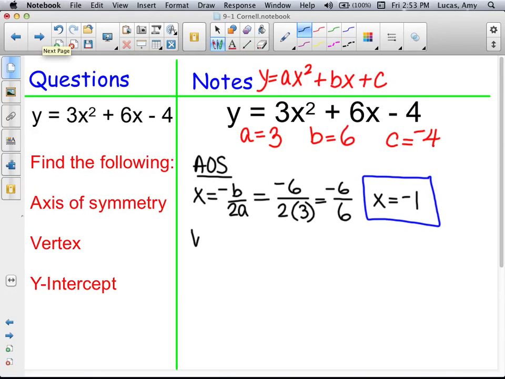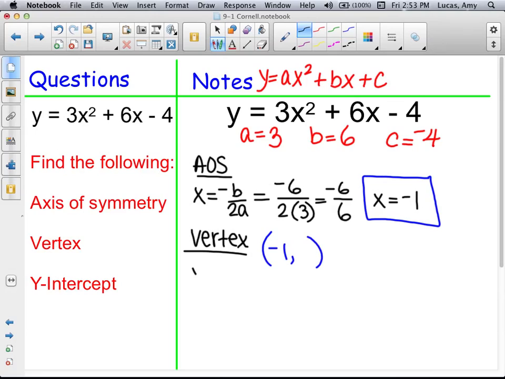To find my vertex, I take that value and I plug it in. So I know that in my vertex, -1 is my x-coordinate, but I need to solve for y, for the y-coordinate.